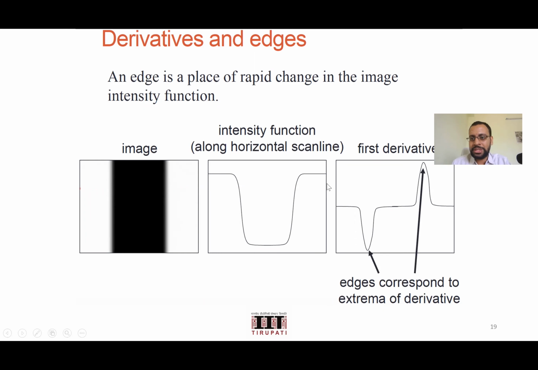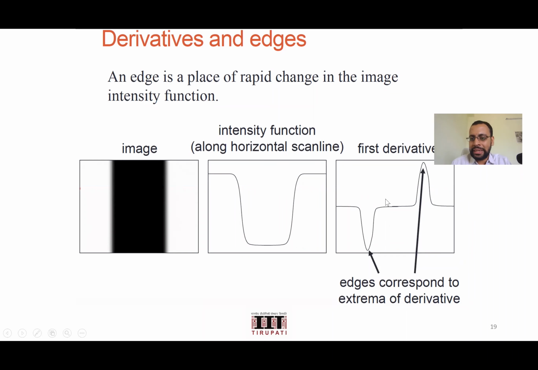Now if you are taking a derivative here, you are taking f of x plus 1 minus f of x. The value before it is smaller, so you get an extremum here, a minimum, and then moving from dark to bright, you get an extremum, a maximum, there.